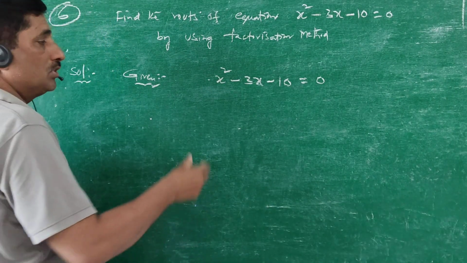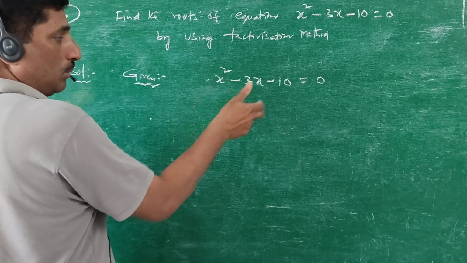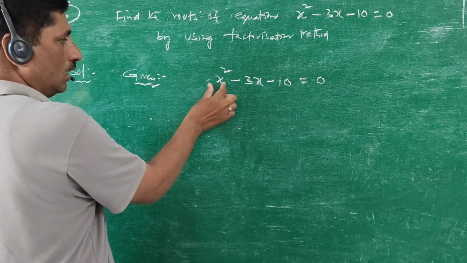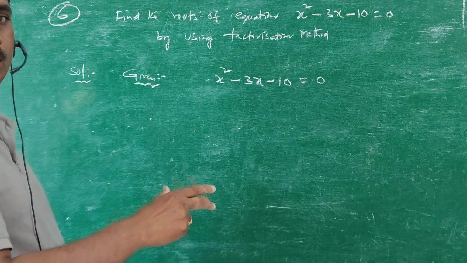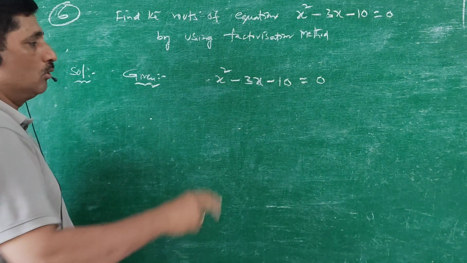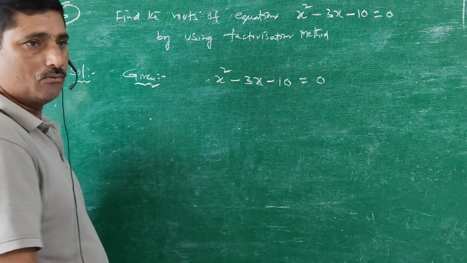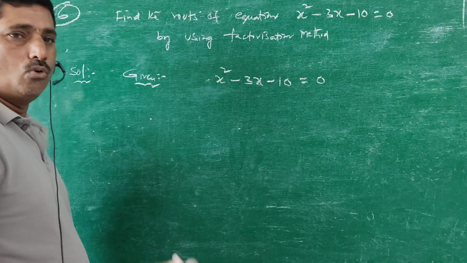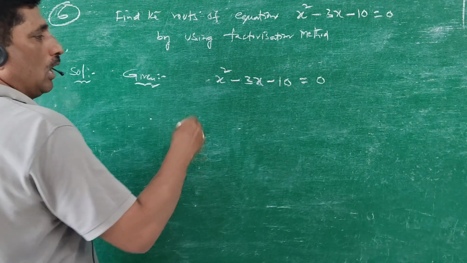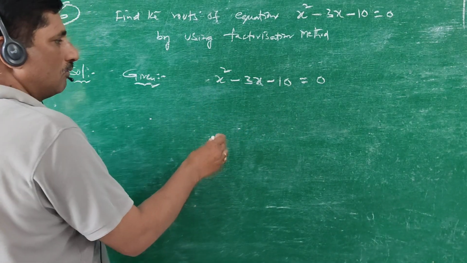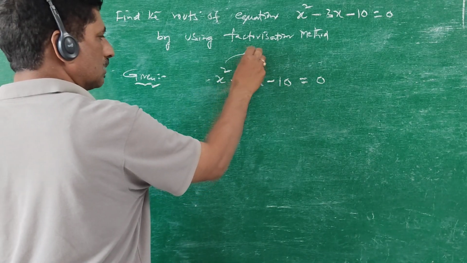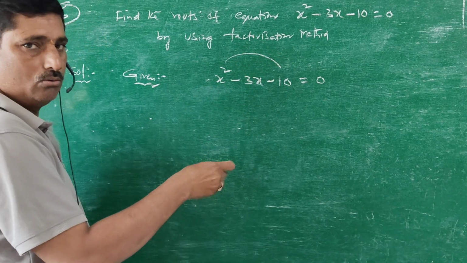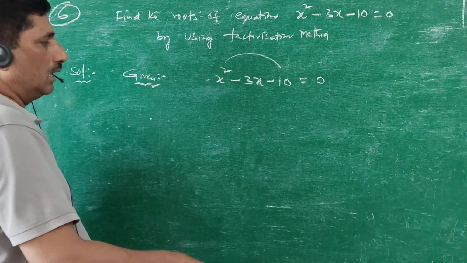If an equation has an odd number of terms, here we have 1, 2, 3 terms, we can't factorize that. To make this equation into an even number of terms, like 2 terms, 4 terms, we should multiply this quadratic term with the constant. This is the procedure to split this quadratic into two linear factors.